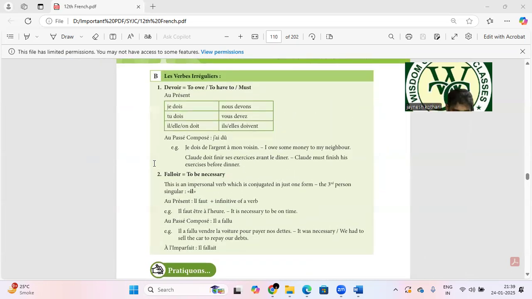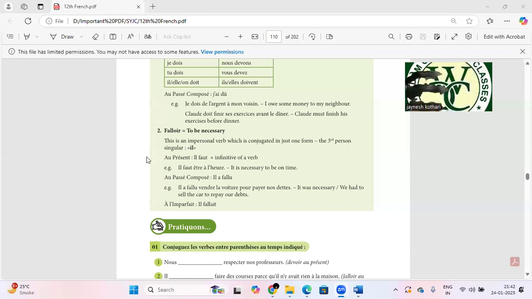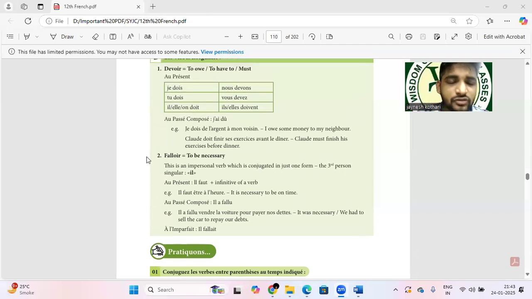These are irregular verbs. So the next thing you have to do is go through the irregular verbs.